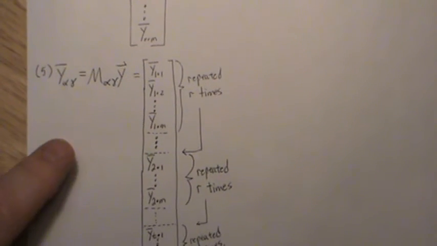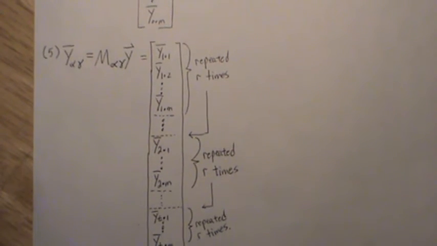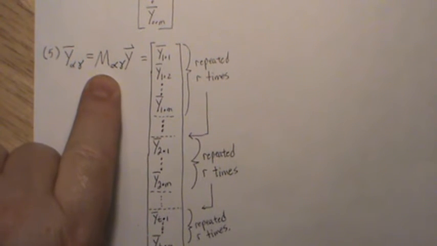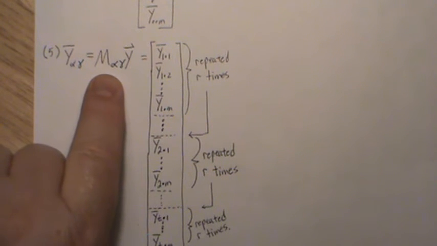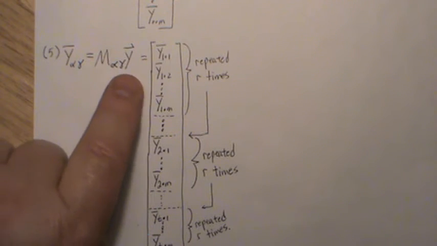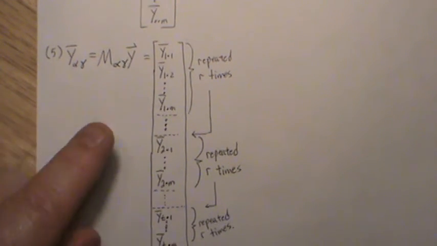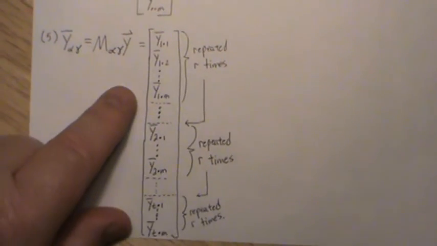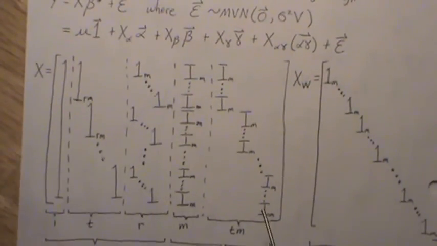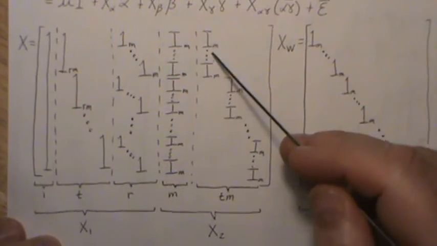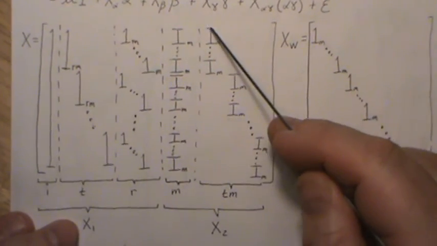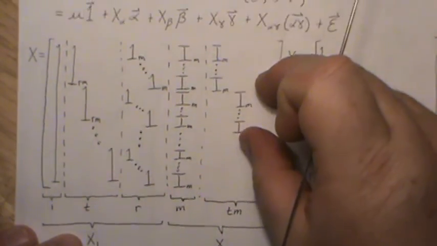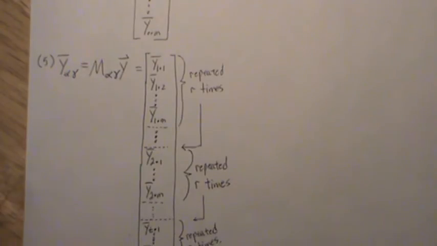And then this last one is the mean for alpha gamma. So we take the perpendicular projection matrix onto the alpha gamma space, pre-multiply y, and then we get this mean vector. But it has to be in the structure of this column space. So notice that we're going to get a lot of repeats, and then that's going to repeat t times.